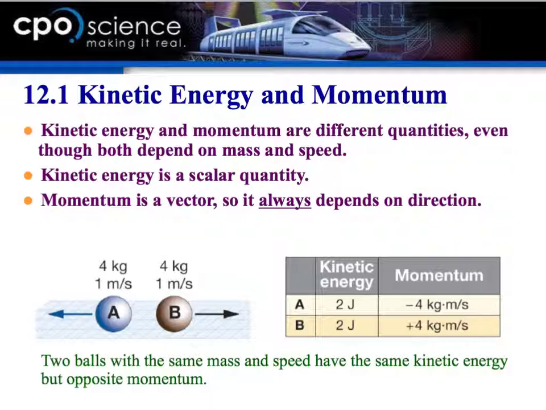As you can see in the diagram below, you have two balls with the same mass moving at the same speed. They have the same kinetic energy, 2 joules, but their momentum is much different. Ball A has a momentum of -4, and ball B has a momentum of +4 because they're going in different directions. Momentum is a vector, so it always depends on direction.